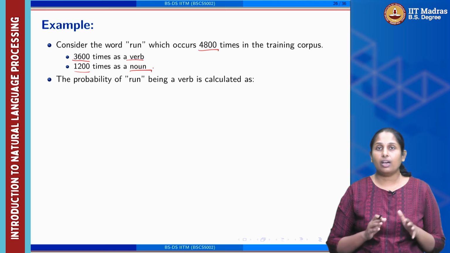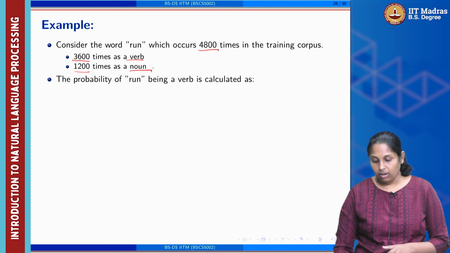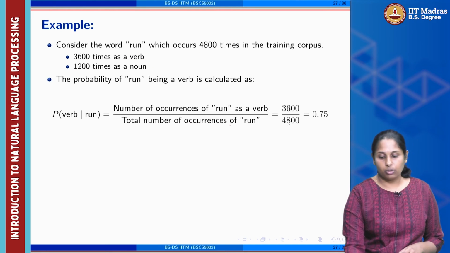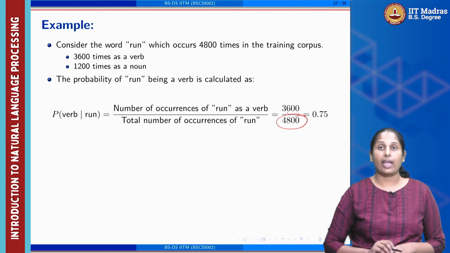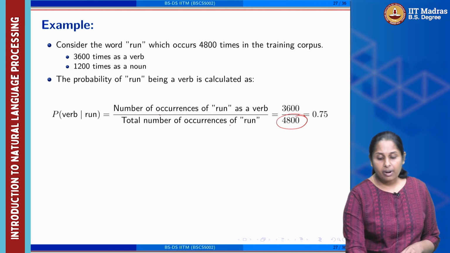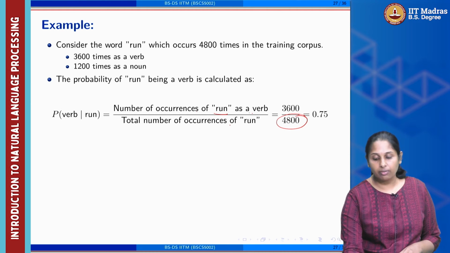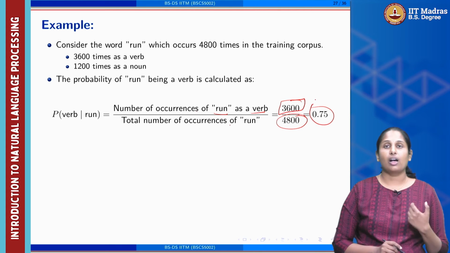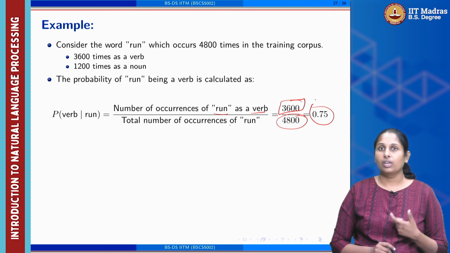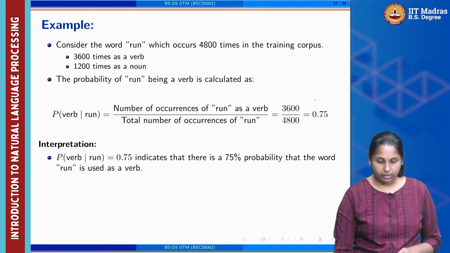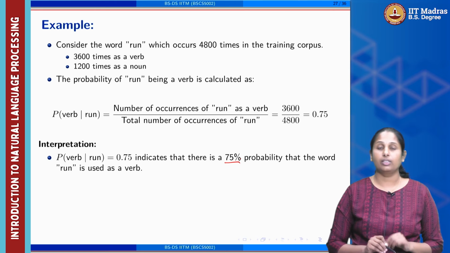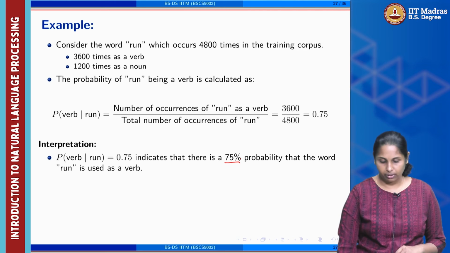The probability of run being a verb is calculated from the total number of occurrences of run, that is 4,800, and the number of occurrences of run as a verb, 3,600. So the probability is 0.75. So run occurring in the context as a verb is 0.75. It indicates that there is a 75% probability that the word run is used as a verb.